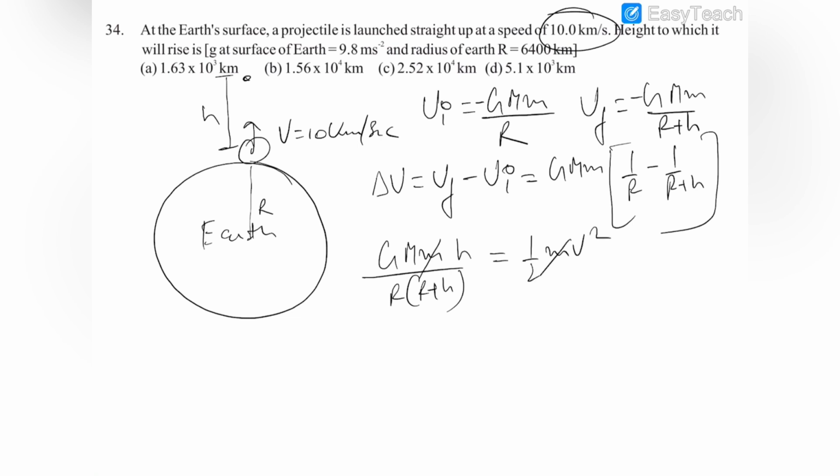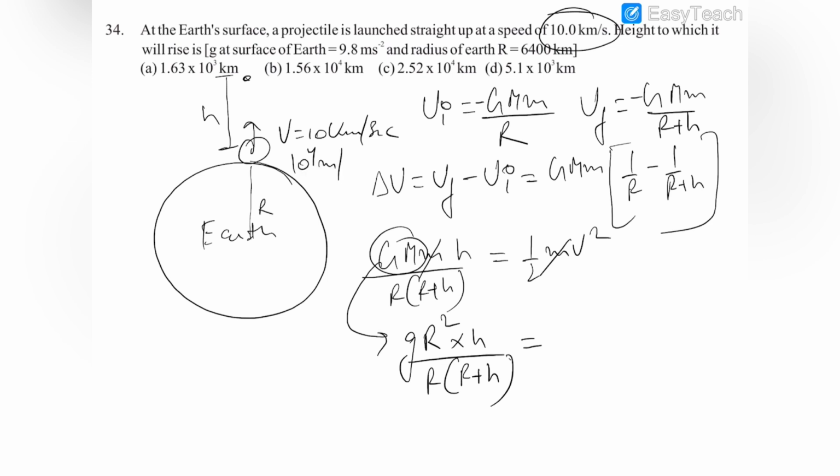So cancelling out this m with m, we also know that GM is equal to gR square. So I am replacing this GM with gR square divided by R into R plus h, and it is equal to v square by 2, where v is 10 to the power 4 meters per second. So v square would be 10 to the power 8 divided by 2.